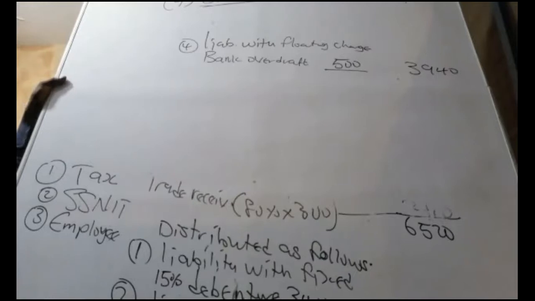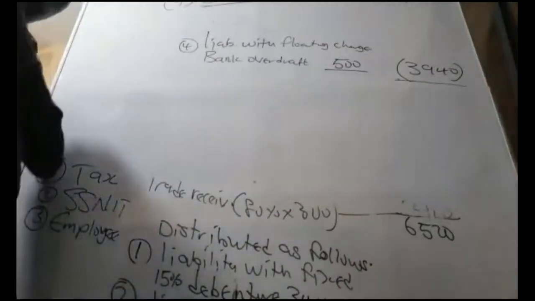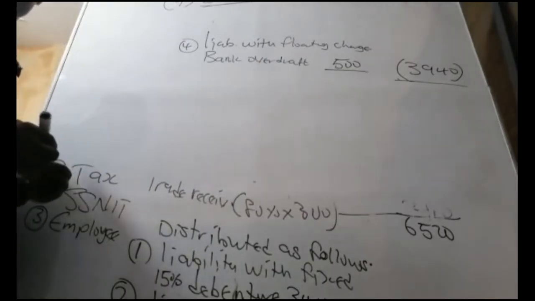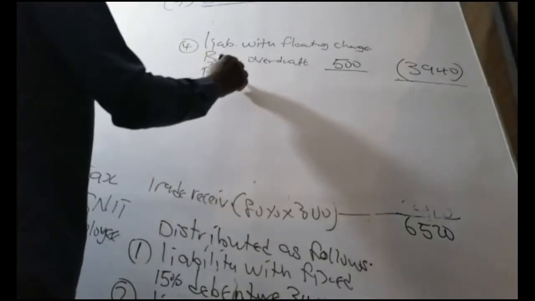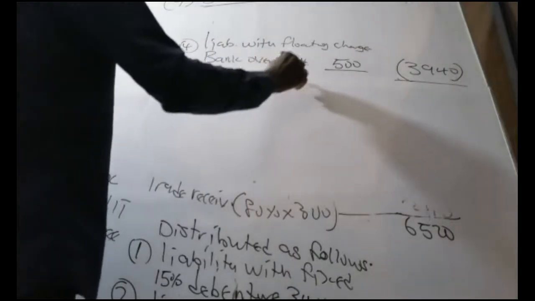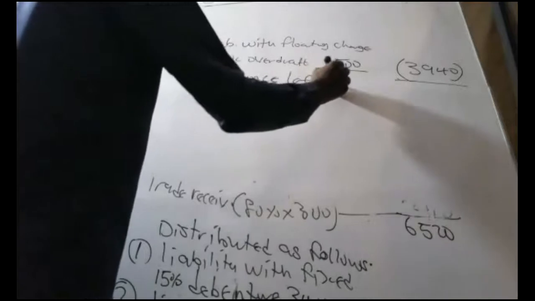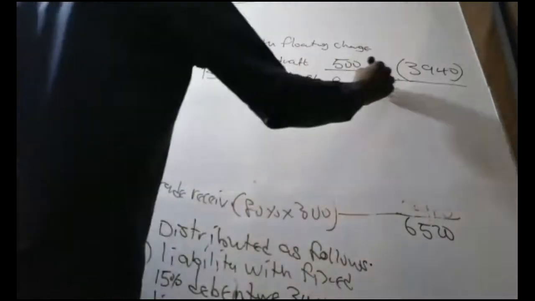My space is not enough, so that is it. Then you finally subtract it again. Then what do you get? So you got this one, the balance left for the fifth, the balance left for unsecured liabilities.